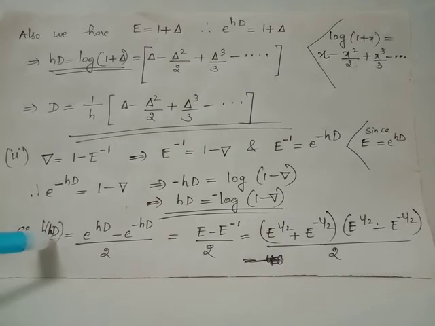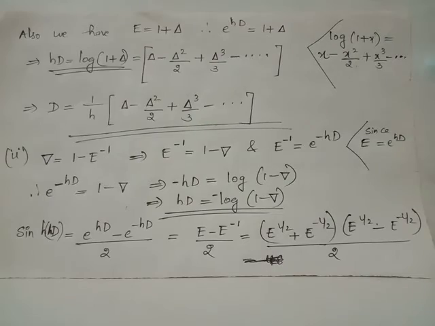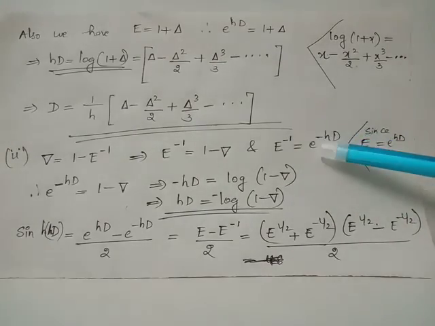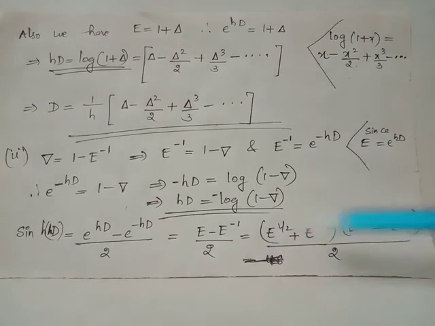H, which appears inside the bracket, stands for interval of differencing, and sinh denotes the hyperbolic sine. We have e raised to hD can be replaced by capital E, which is the shift operator. E raised to negative 1 can be replaced by e raised to negative hD. Thus, we get sinh of hD equals E minus E inverse upon 2.